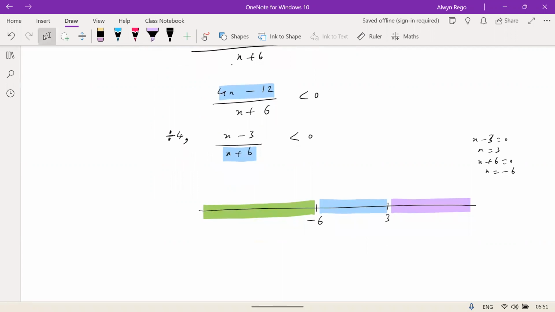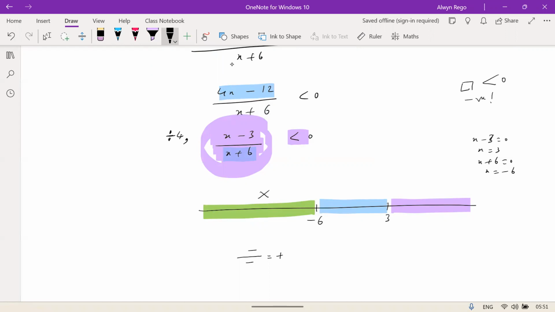Now I consider a value less than minus 6, let's say minus 100. Minus 100 minus 3 is negative, and minus 100 plus 6 is negative. So that gives you a positive sign here. I don't want this, because what I want is less than 0, negative. Something less than 0 means something is negative.